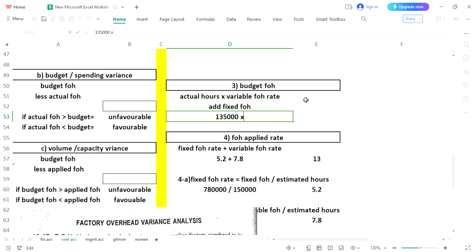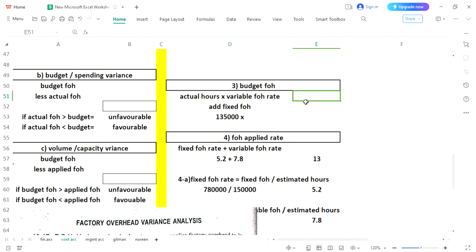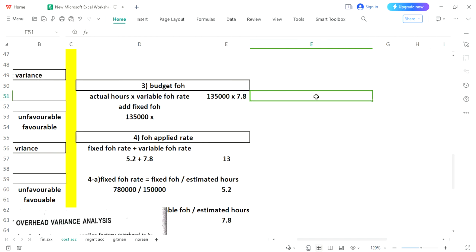Actually we need another column so that you can understand. This should be written over here. So actual hours were 135,000, and you will multiply it with the variable FOH rate. This was your variable FOH rate which we have calculated, 7.8. Write down 7.8 over here, and now the mathematical statement is completed.